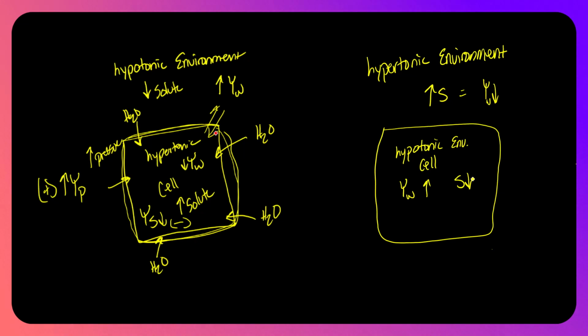And we know that water moves from an area of high water potential to an area of low water potential. And so the water inside the cell is going to leave because, again, it will be leaving from an area of high water potential to an area of low water potential.